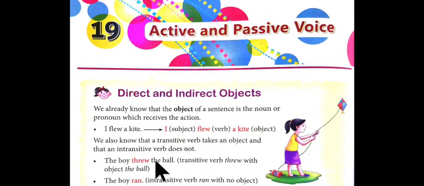So here threw is transitive verb because it is with an object. Whereas in the second example, the boy ran, this verb ran is intransitive verb, because it does not have any object. The boy ran what? We are not getting any answer.